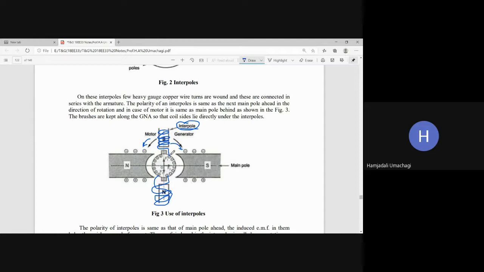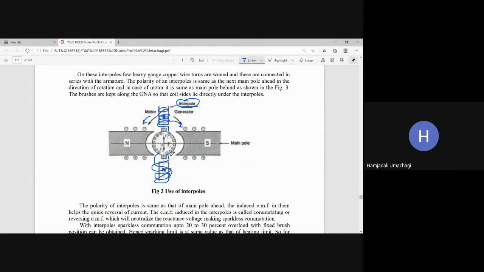Because of that, the complete reactance voltage gets nullified, because of the interpole voltage having the same polarity as the armature winding, right?